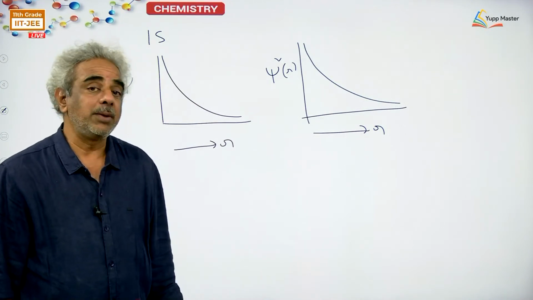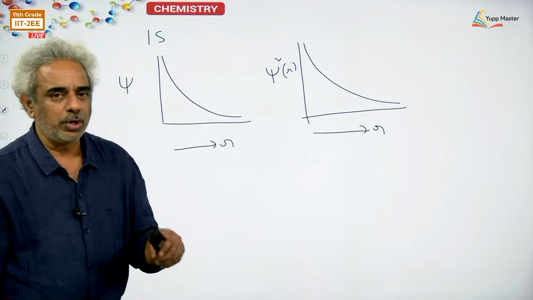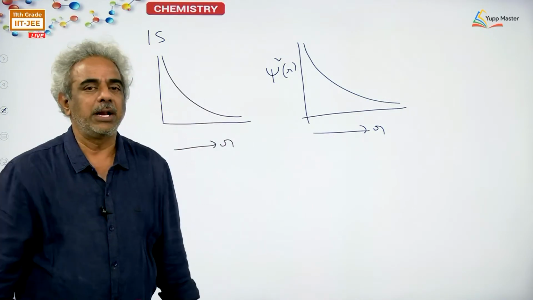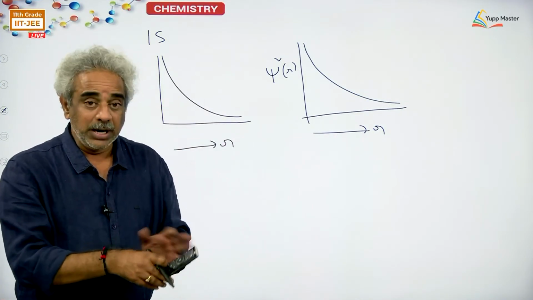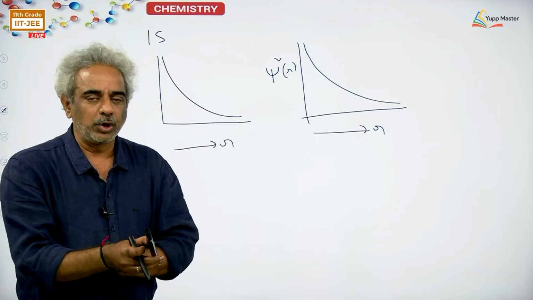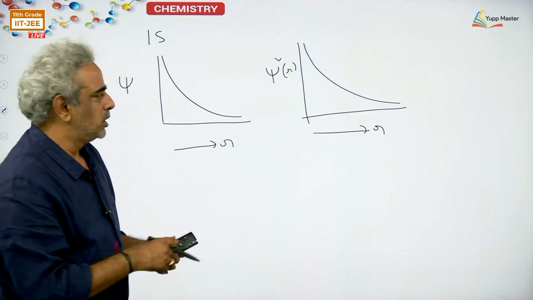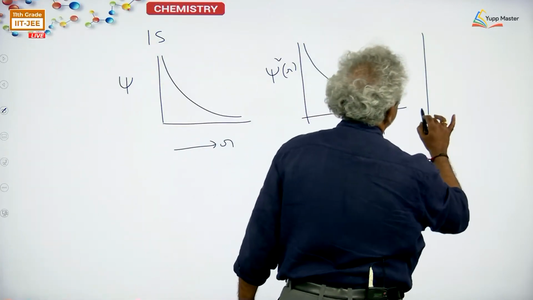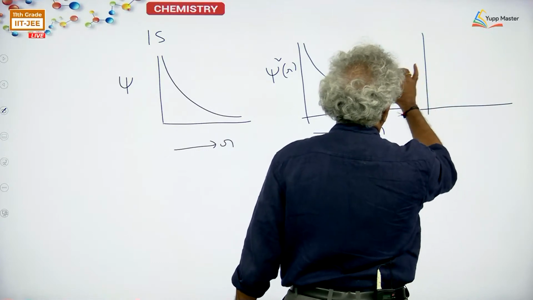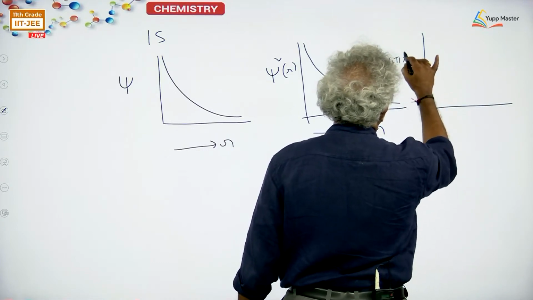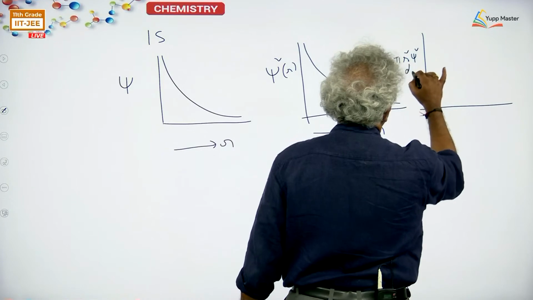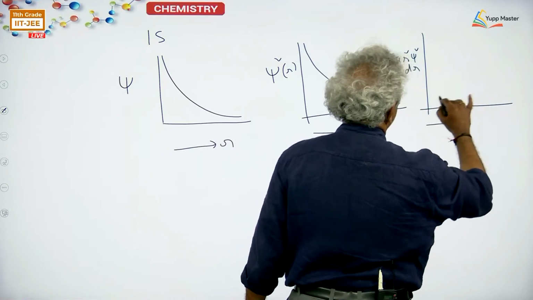But what about radial probability? As I told you, radial probability is the probability of finding an electron on the layer you have selected at a particular distance from the nucleus. So the radial probability curve of 1s, that is 4 pi r square psi square dr versus r, is like this.